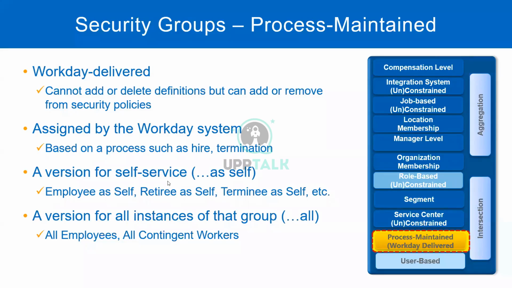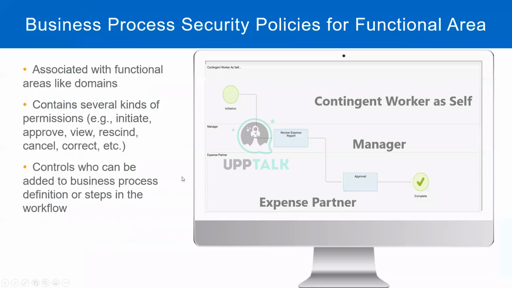So what is the other type of security policy that we have? The business process security policy. The business process security policies are associated with functional areas, just like the domains.